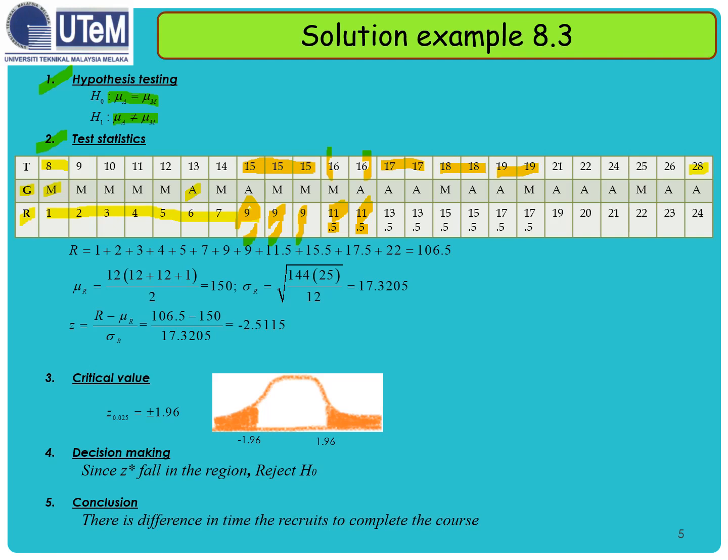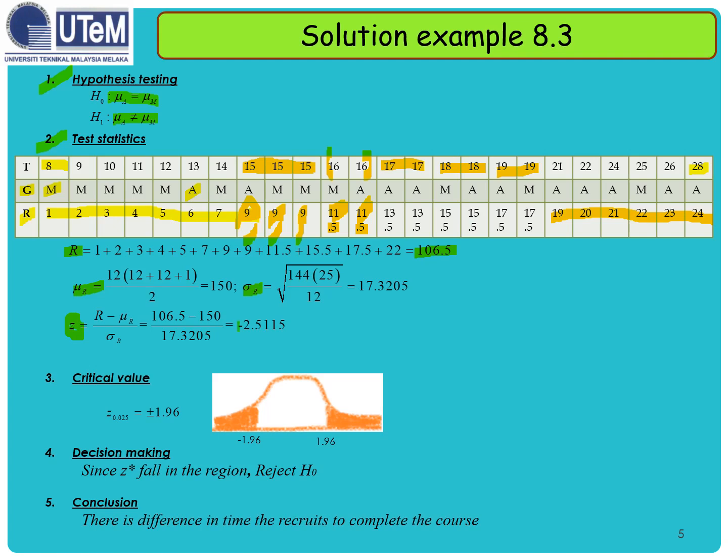For 21, you just proceed 19, 20, 21, 22, 23 and 24. Then you sum the ranks for Marine, which is 106.5, and substitute into the mean and standard deviation, then into the Z formula.